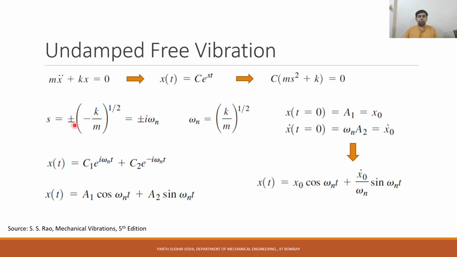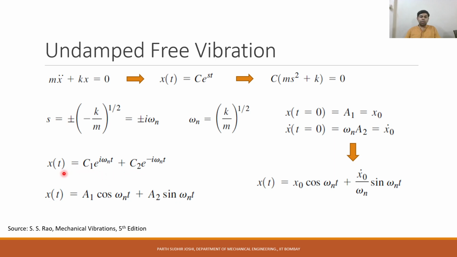So s is plus or minus root of minus k by m, or plus or minus i omega n, where omega n is the natural frequency, which is root of k by m. So k is the stiffness and m is the mass. And so now we can write down the general solution in this form, or alternatively we can also write it as a sum of sine and cosine functions.